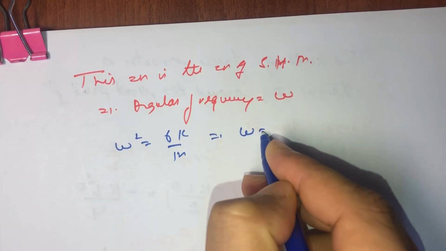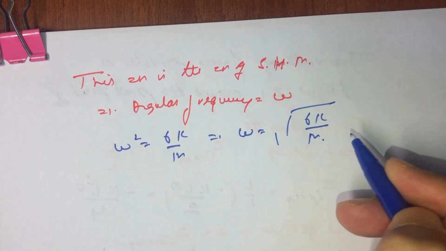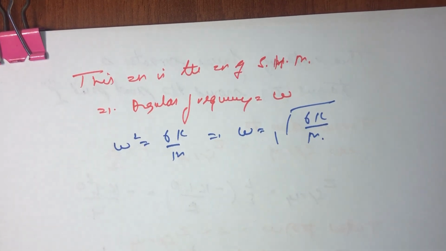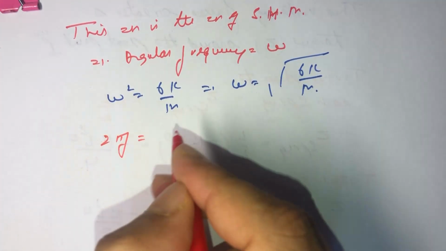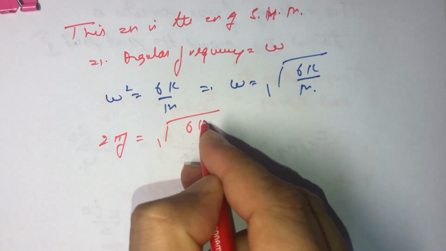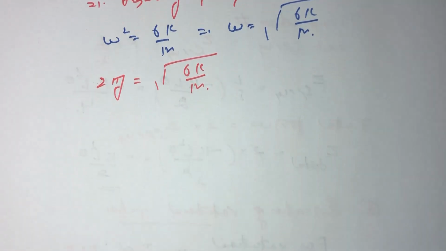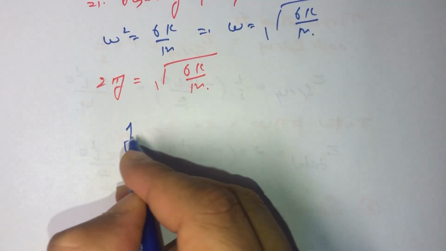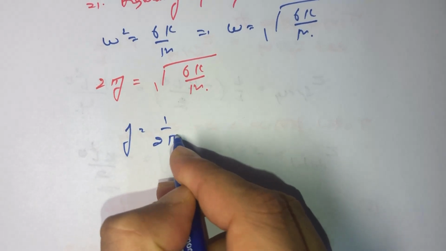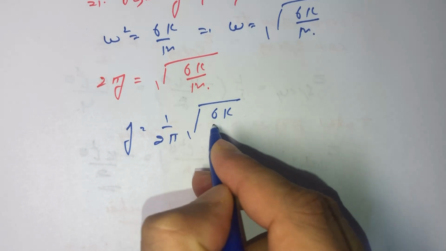So omega is equal to square root of 6k by m, and omega is equal to 2 pi f. So we can write 2 pi f is equal to square root of 6k by m, and we get f as 1 by 2 pi square root of 6k by m.